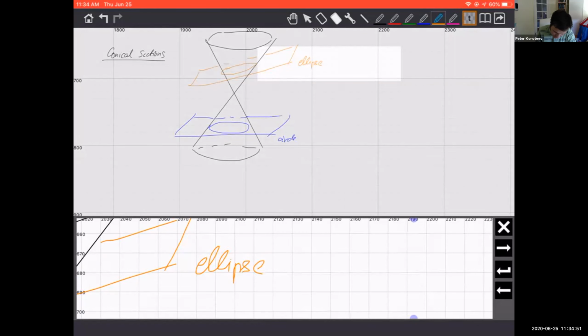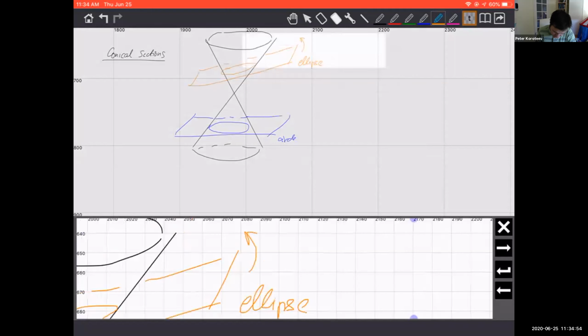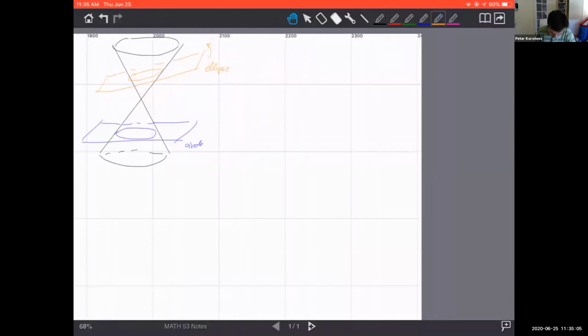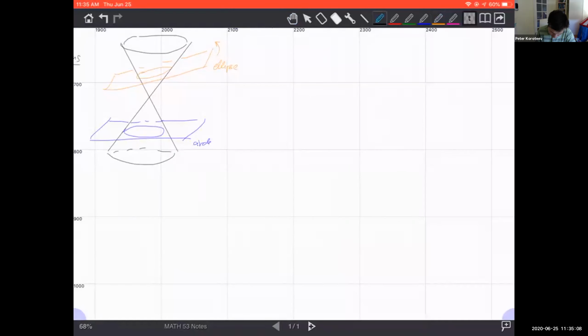Now you can imagine increasing that angle, sort of turning this plane up until the plane becomes parallel to the surface of the cone.